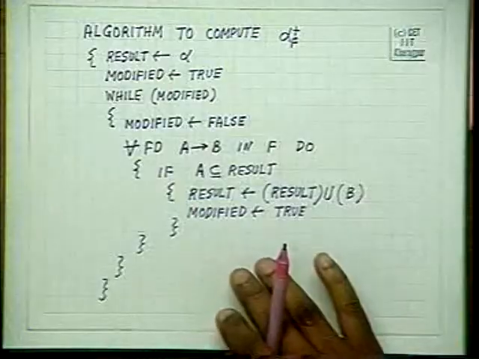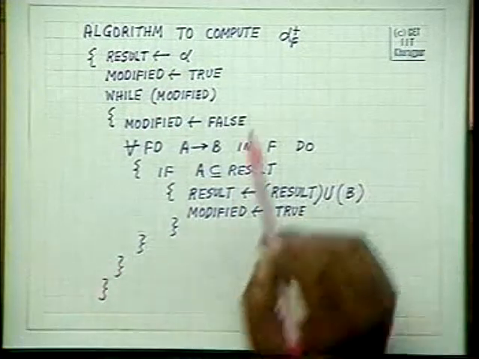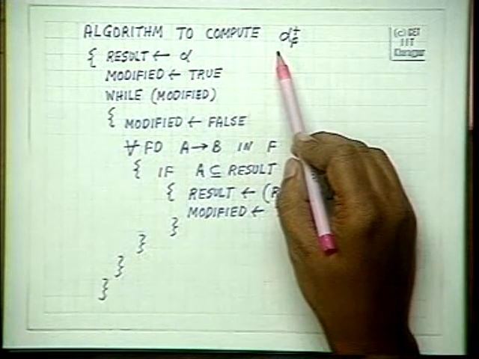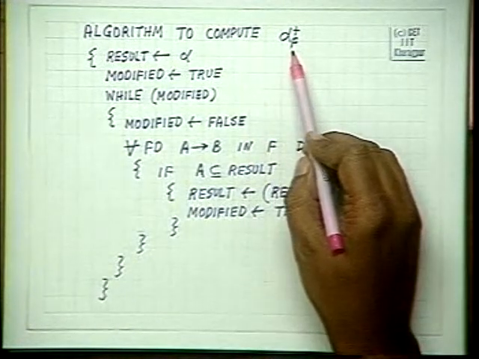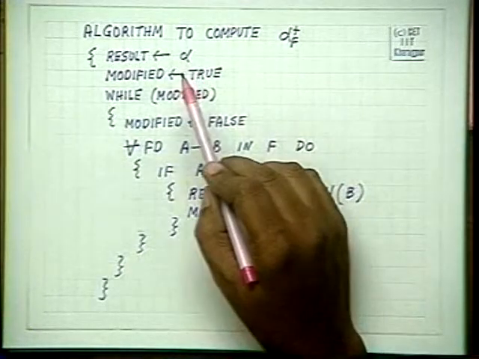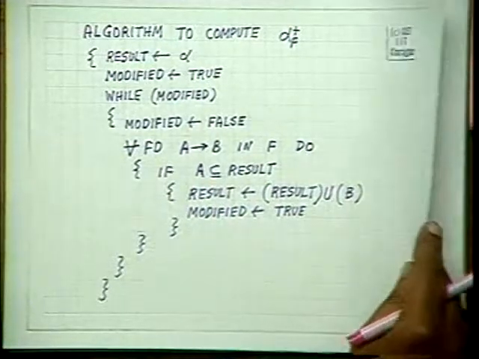There is a very simple algorithm to compute the closure of a set of attributes, and I just mentioned this attribute algorithm here. We have got alpha. A set of attributes alpha is given to us and a set of functional dependencies is given to us, and we will compute the closure of alpha. Before presenting the algorithm, I will mention how this algorithm works.